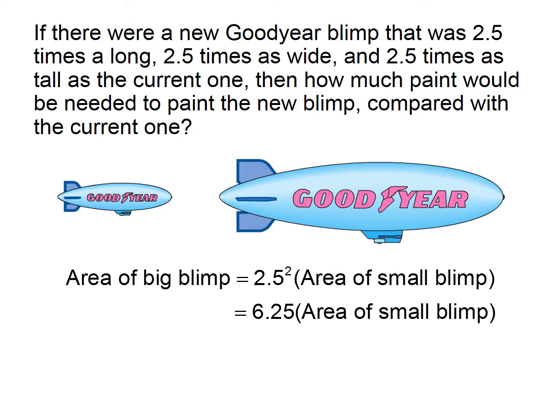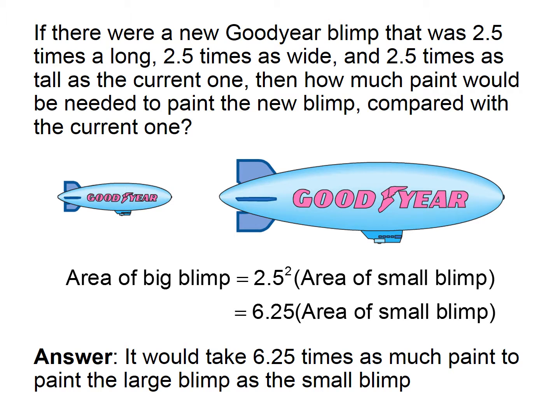And so the area of the big blimp is 6.25 times the area of the small blimp. So our final answer is that it would take 6.25 times as much paint to paint the large blimp as the small blimp. So it's a lot more than just 2.5 times as much. It's 2.5 squared, or 6.25.